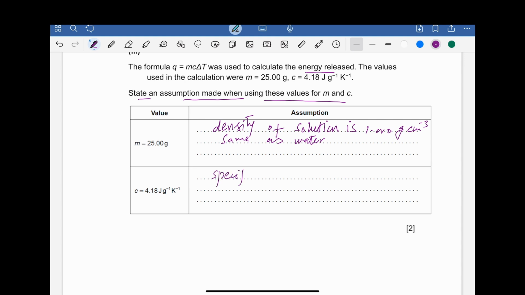So the specific heat capacity of the solution is the same as water.